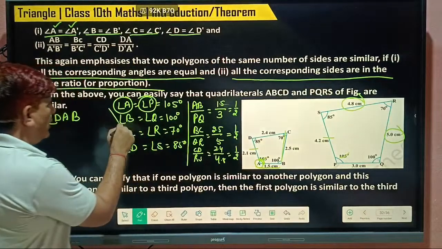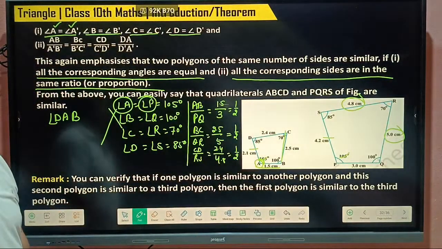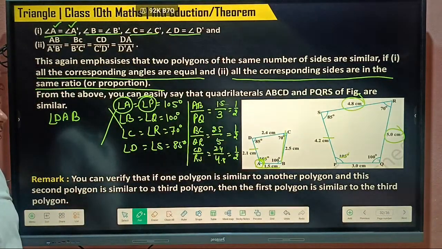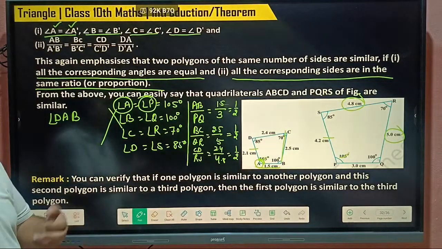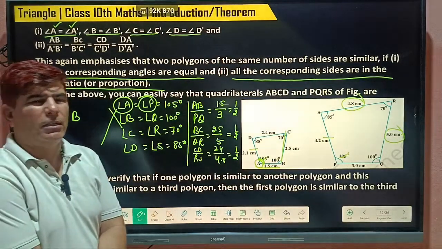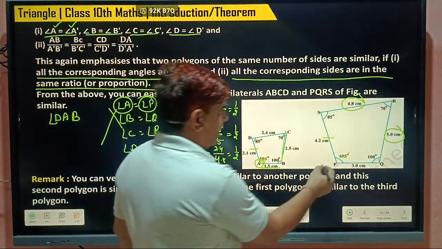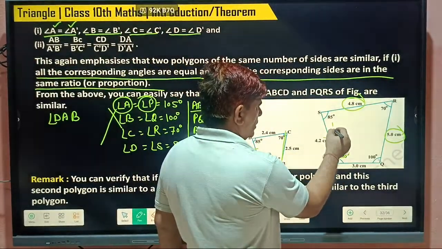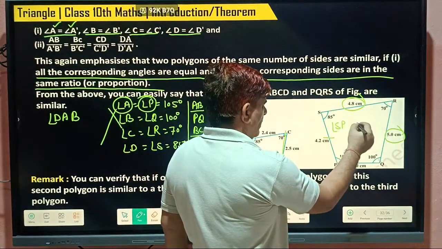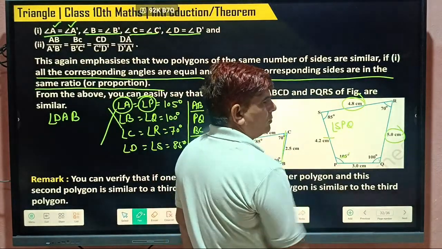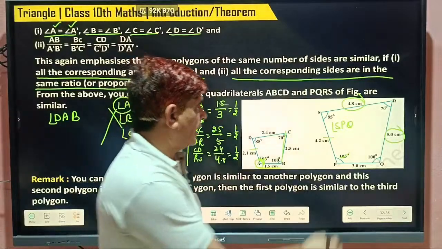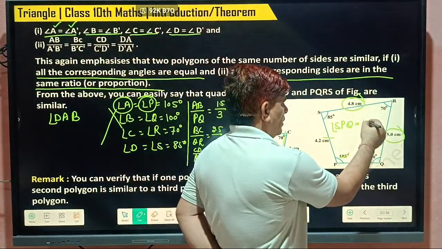This is the wrong way of writing, but sometimes we write it because we are talking about a quadrilateral, meaning the interior angle of the quadrilateral. But the exact way of writing is this: if we have to write this angle, we start from SPQ, then we can say this is equal to 105 degrees.